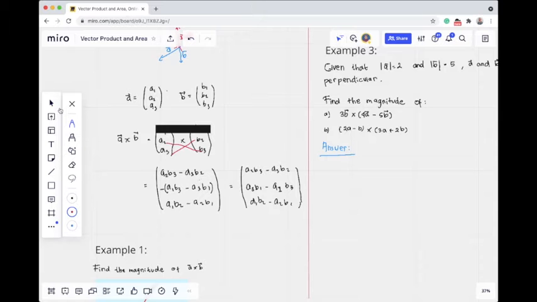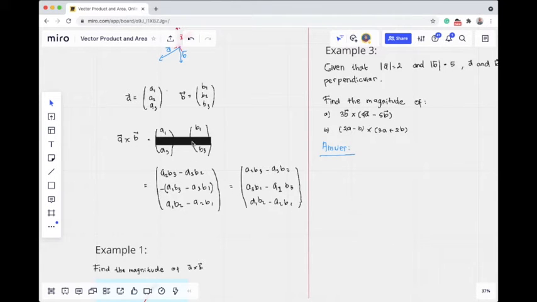And then for the second row, close the second row. So A1 times B3 here, and then minus A3 times B1. But for the second row, we put a negative here, put a bracket, then negative.